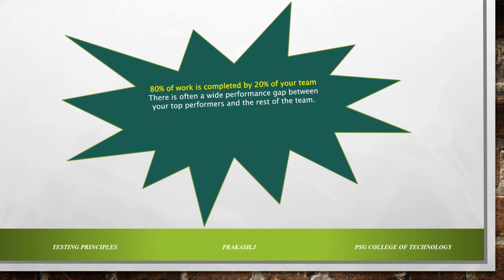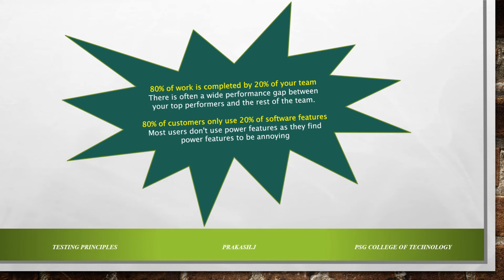Looking at another example, for a customer using a particular software, almost 80% of customers use only the basic 20% of the software features, while the remaining 80% of the features remain unused because they feel the features are annoying.